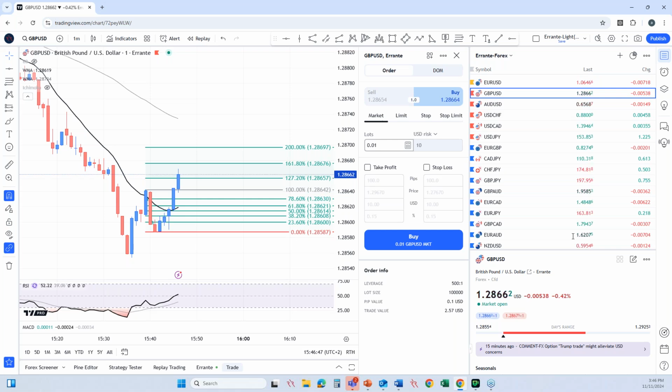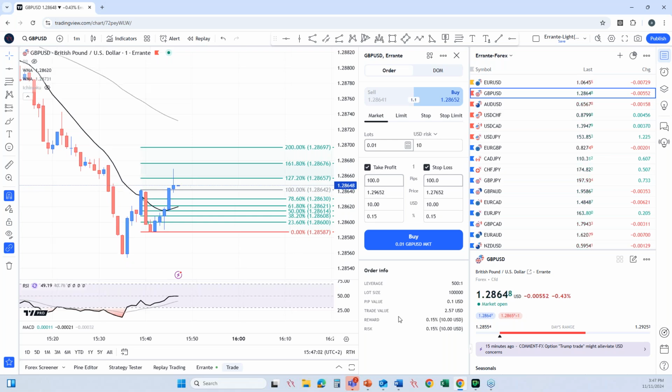And even if you want to trade, you can set your targets here, and you can use the stop loss and your TP, and then you can see here your risk and your reward based on the percentage of your capital. This is one way if you want to be very fast on that.